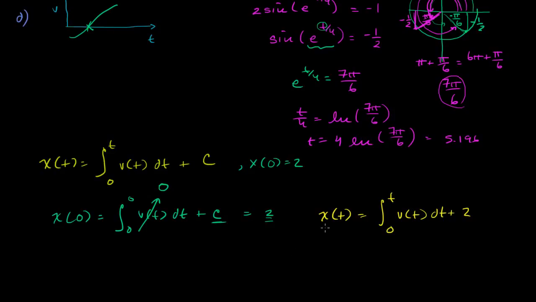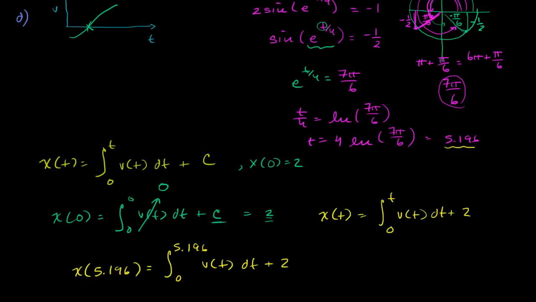And you might say, how do we know the position at a given time? Well, we luckily have a calculator that can calculate definite integrals quite well. So if we want our position at 5.196 seconds, we just have to take the definite integral from 0 to 5.196 of our velocity function and add 2 to that.